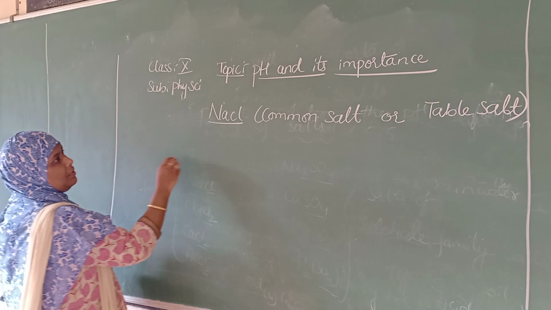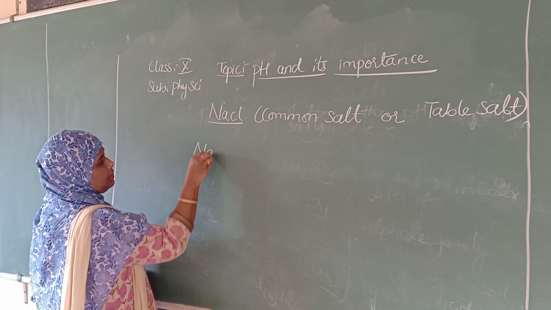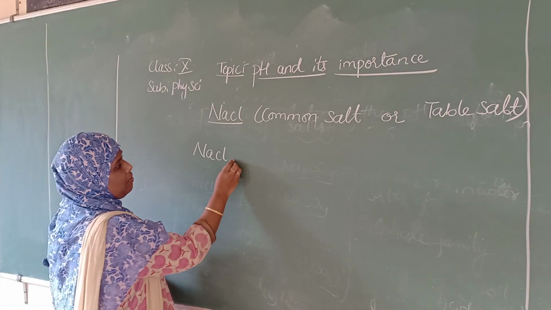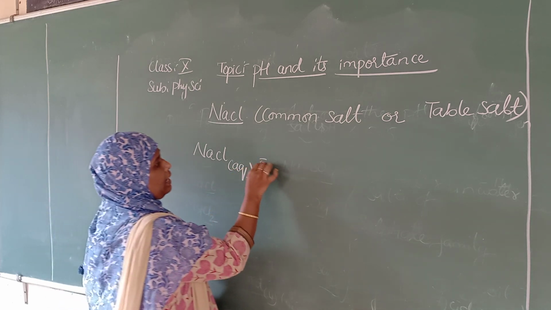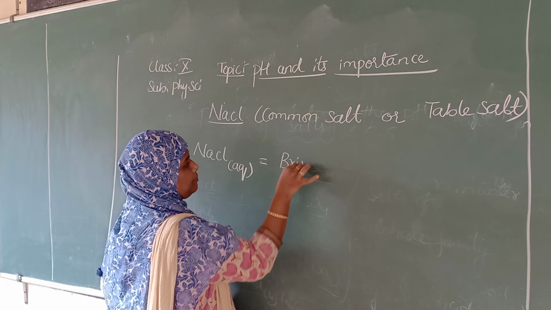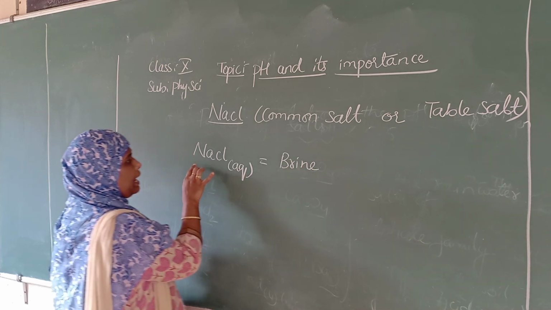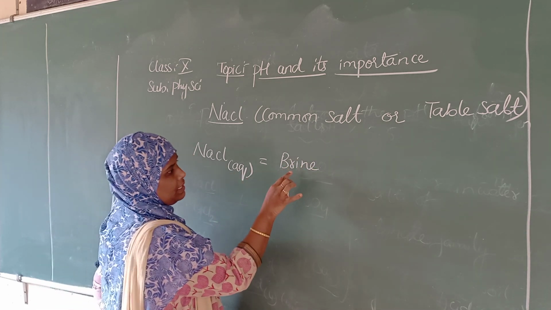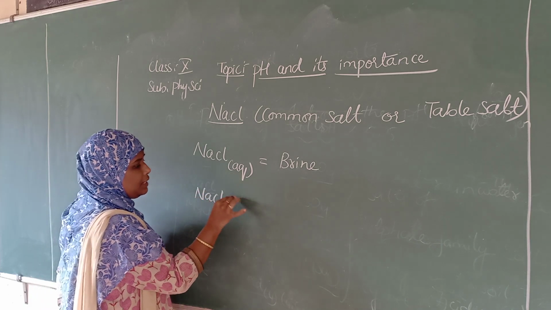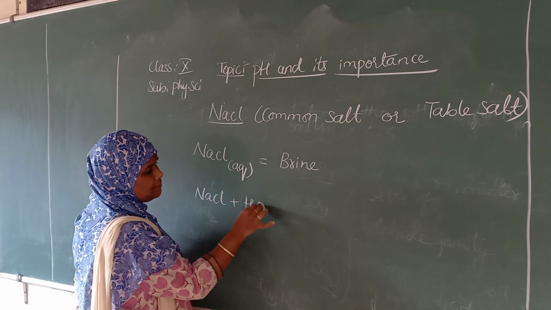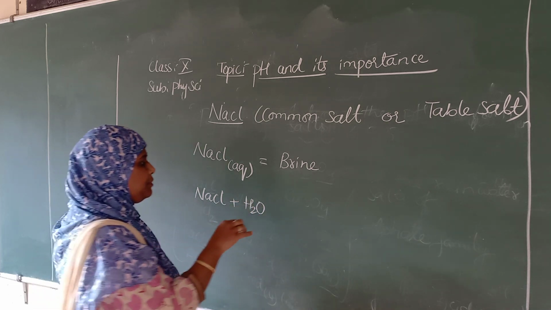Next, sodium chloride solution in water, or aqueous sodium chloride solution, is called brine. So what is brine? Aqueous sodium chloride solution is called brine, aqueous in the sense it will have water.